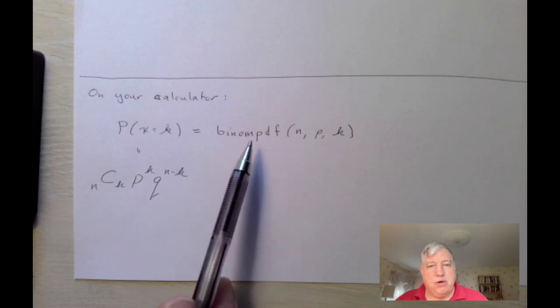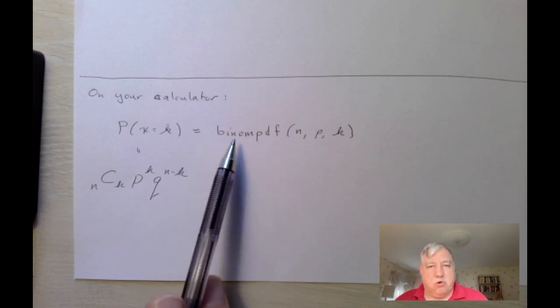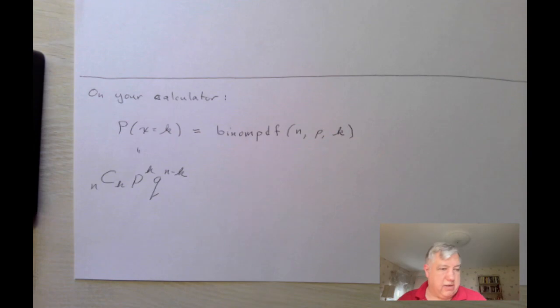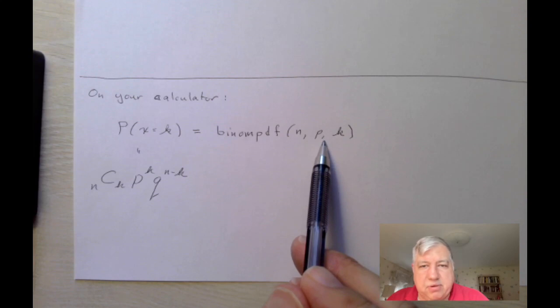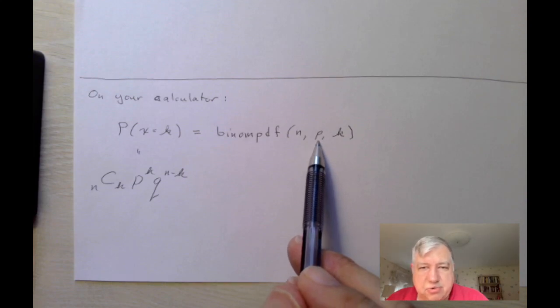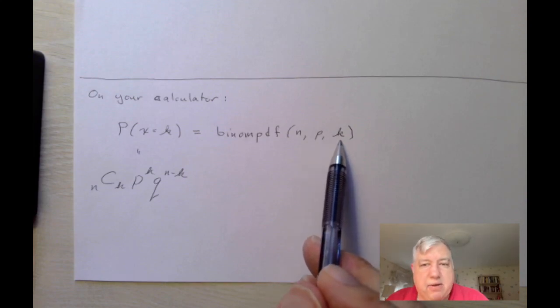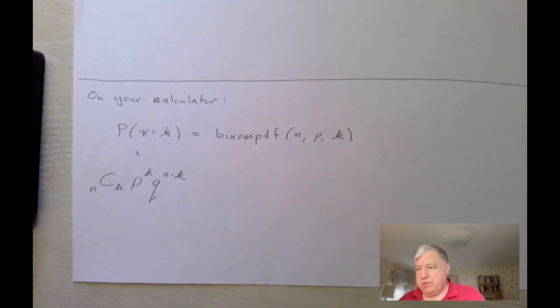Well, the calculator can do that with a special command called Binomial PDF. Okay, and I'll just show you how to find that on your TI-83 calculator. All you have to input is the number of trials, the probability of a success on each trial, and how many successes you want.